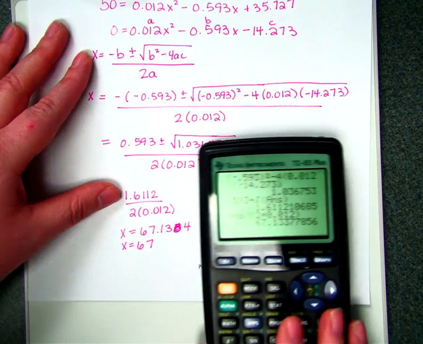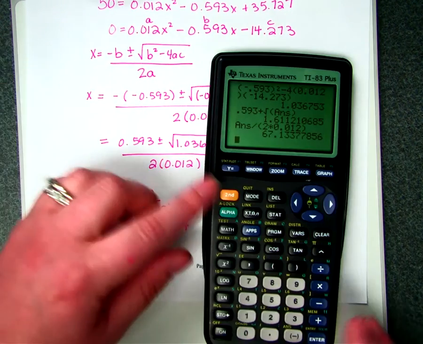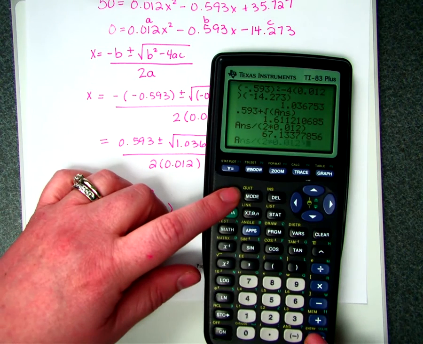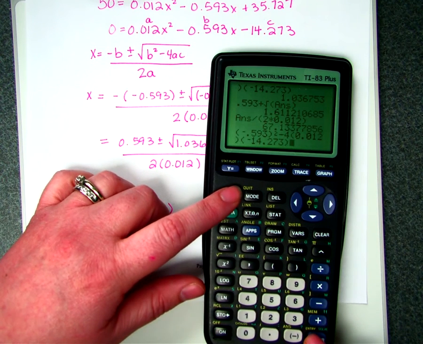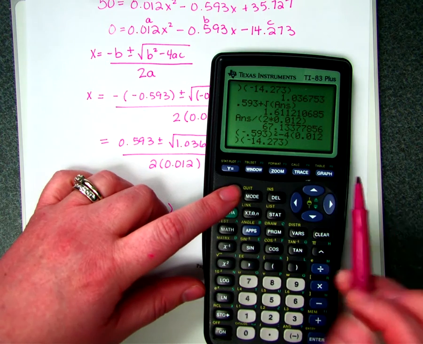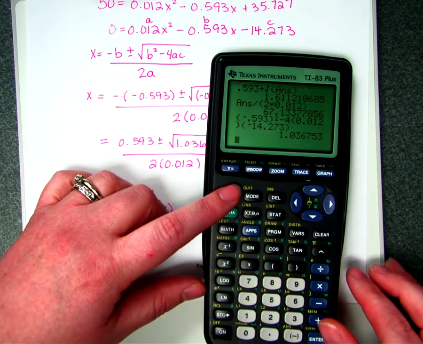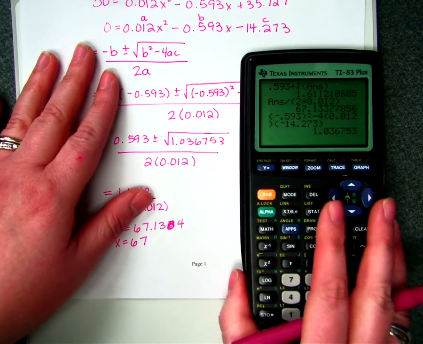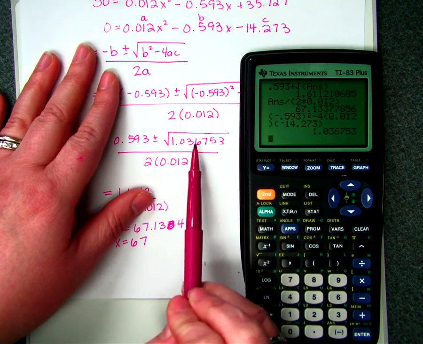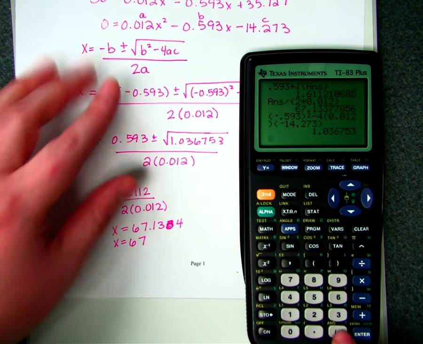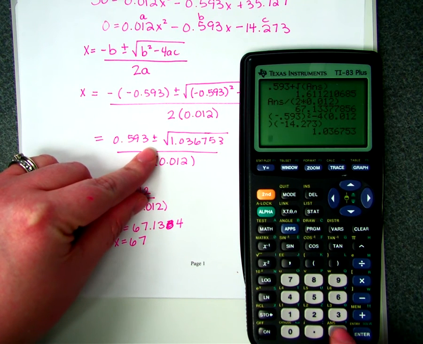Okay, we can do that same thing with the minus sign, and if you didn't know, you can call back up stuff in your calculator, just hit second enter. What I'm doing is going back to this stuff that was underneath the radical sign. So hit enter. Remember that was 1.036753, or you can use the number that you wrote down here. And we're going to evaluate this for the negative sign.